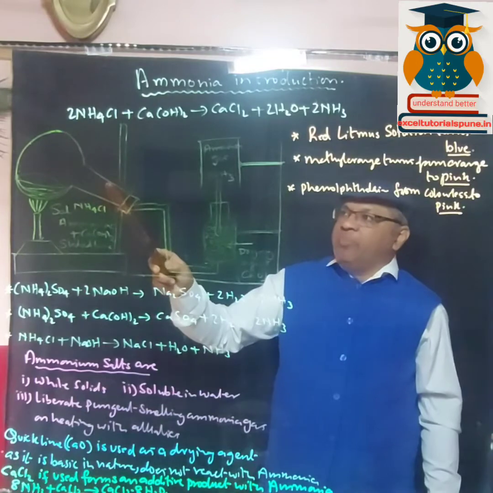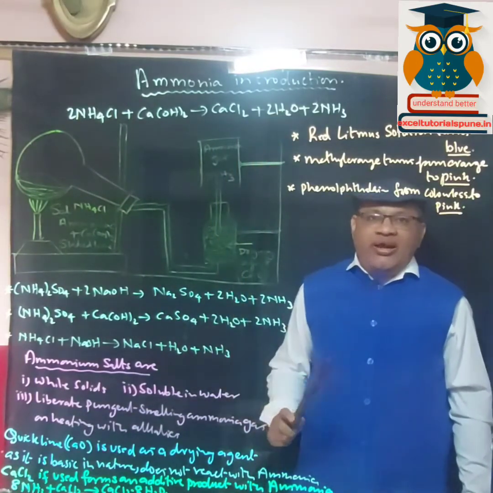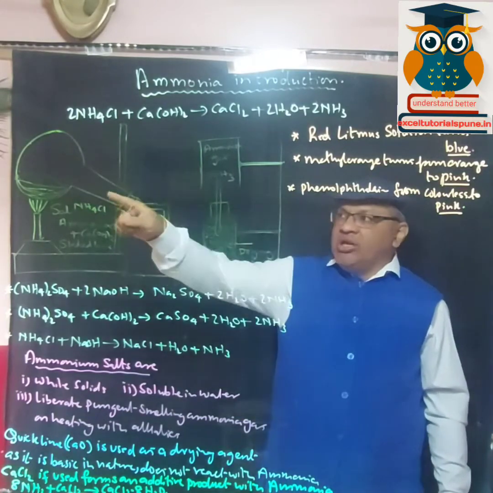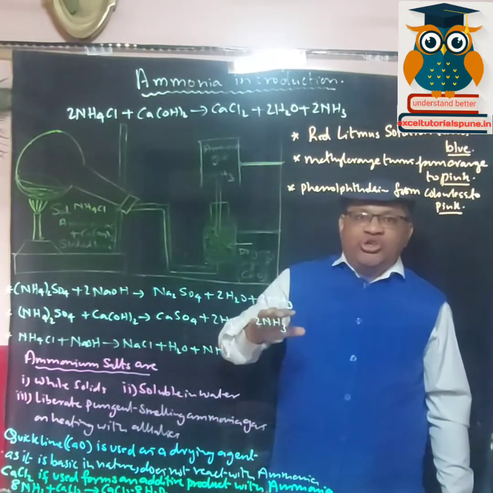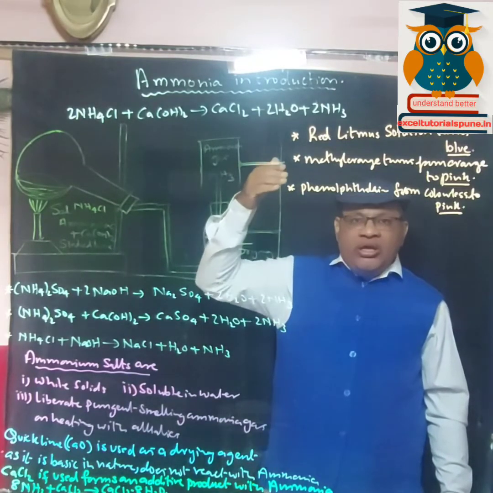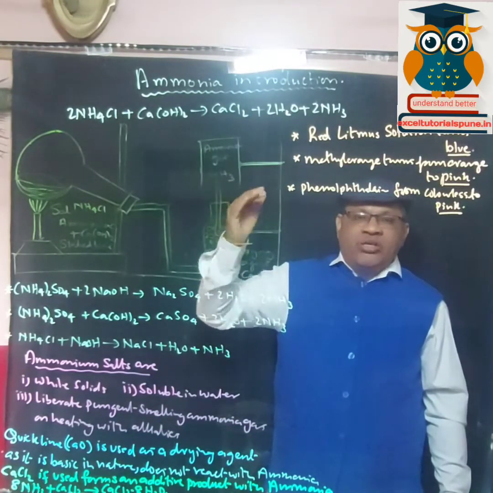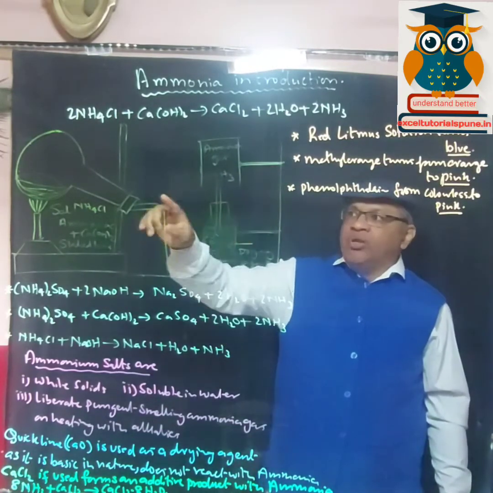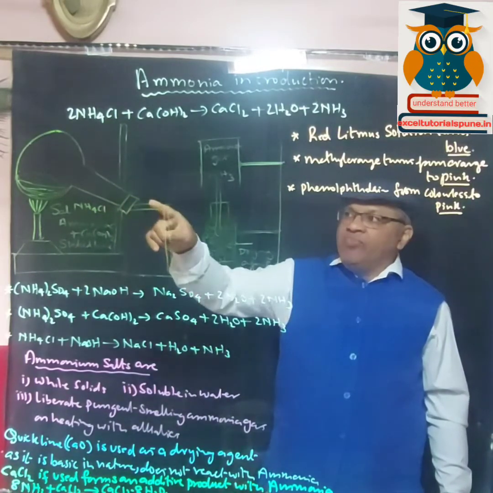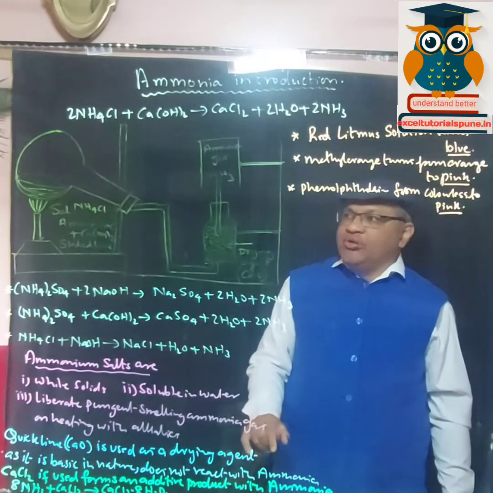Because water vapor gets formed in the reaction. If this flask is kept in a straight position, the water vapor collected on top condenses and trickles back, and it can damage the glass apparatus. That's why the round bottom flask is kept in a tilted position.